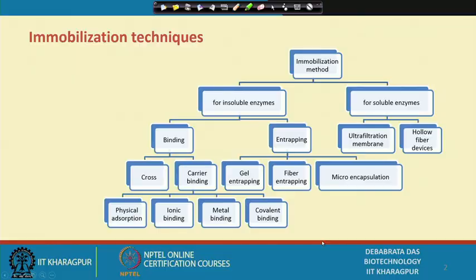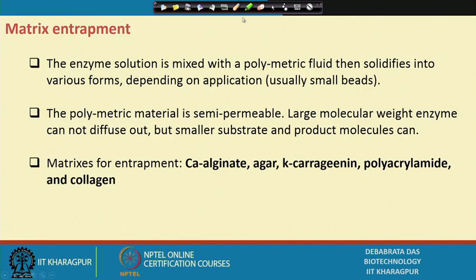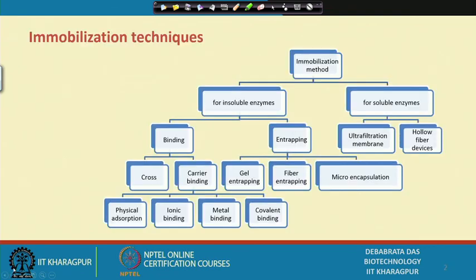In this lecture I shall concentrate mostly on the methods and techniques of immobilization. What are the different techniques? If you look at the first slide, it gives the classification of the immobilization methods. These methods can be divided into two different ways.